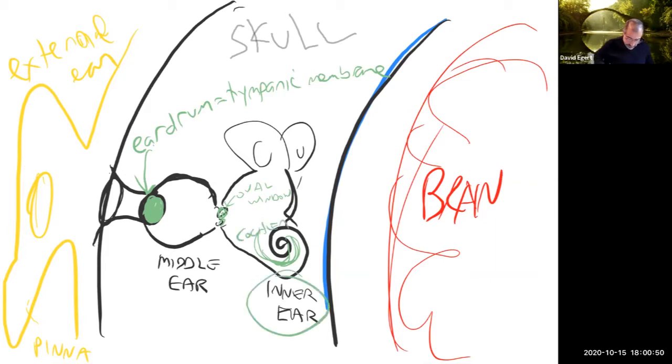The inner ear does sensory transduction. This is what converts the vibration into an electrical signal. This is going to end up creating the nerve that goes to the brain, our cranial nerve 8.